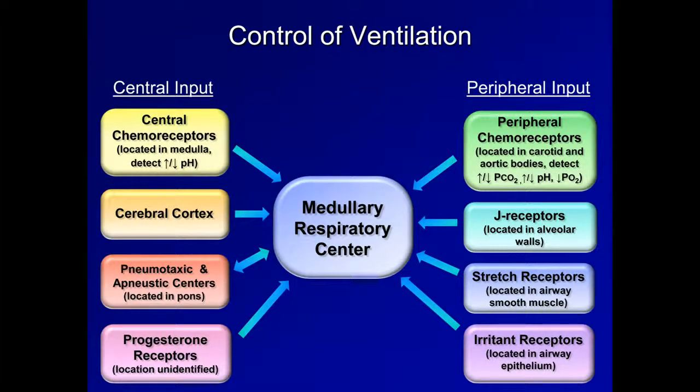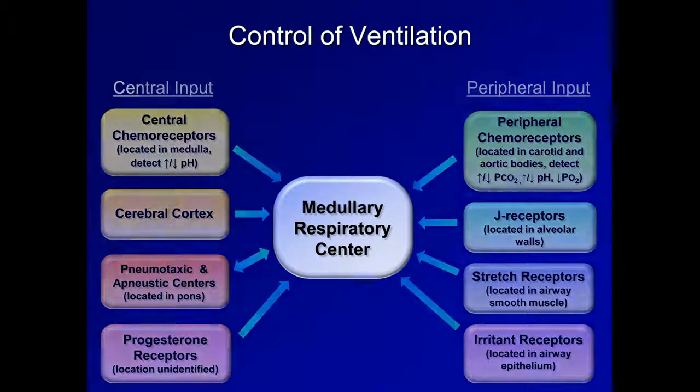Control of ventilation is a complex process centered in the medullary respiratory center, which integrates neural and sensory input from throughout the body, including central and peripheral chemoreceptors, the cerebral cortex, several incompletely characterized areas in the brainstem, progesterone receptors in the CNS, and a number of chemoreceptors and mechanoreceptors in the lungs.